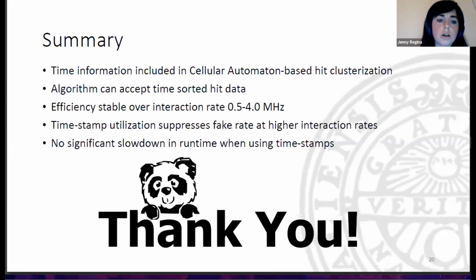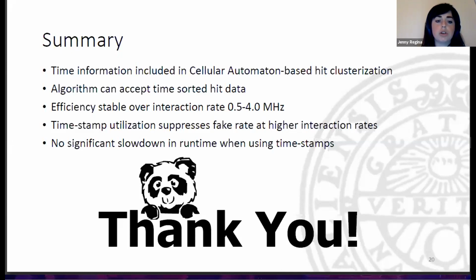Yes, so what I showed the results from now is from the secondary tracker, and we're aiming to use this one online since it's parallelizable with the cellular automaton. But we also have several primary track finders, and there we need to find which is the best one to use together with the cellular automaton.